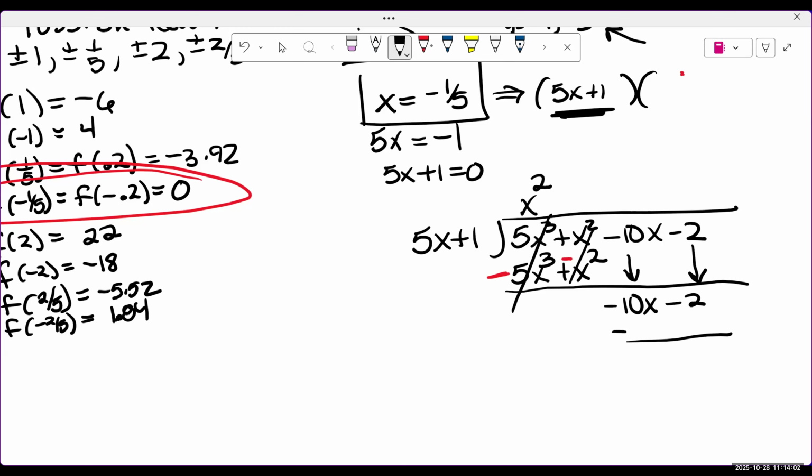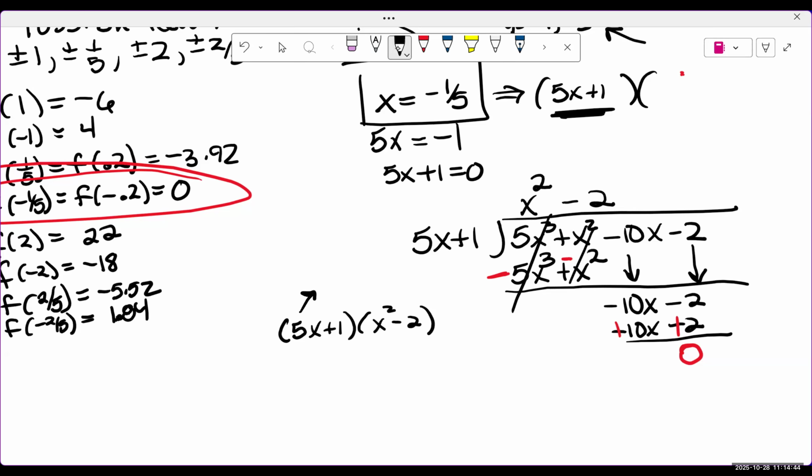Next step, make it match. 5x times negative 2 is negative 10x. 1 times negative 2 is negative 2. Cancel. Add down, remainder 0. So this is what I have so far. The factors are 5x plus 1 and x squared minus 2.